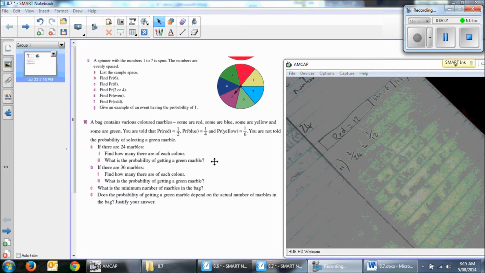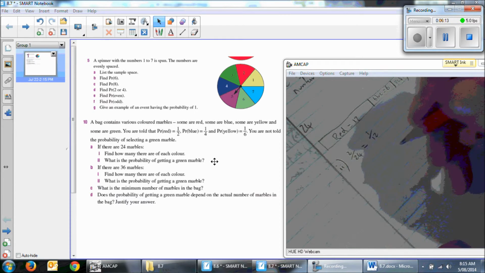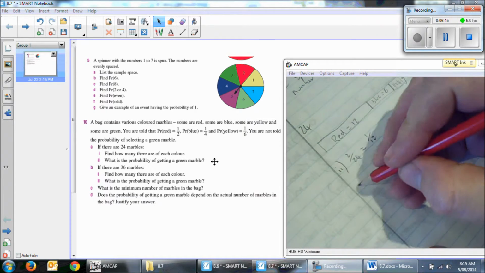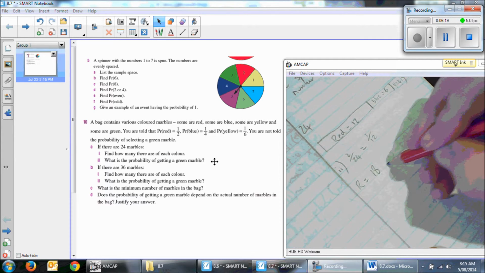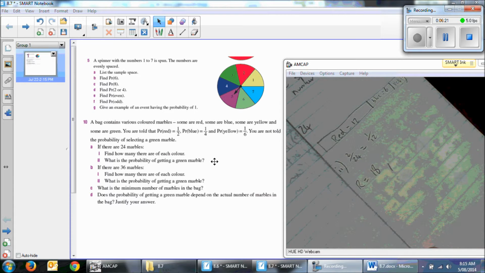Okay, so once again, we're going up here to 36 marbles. So we're going up by 12. All right, 12 marbles. So once again, half of them will go to red. So that means red will equal 18 marbles. A quarter of them will go to blue.